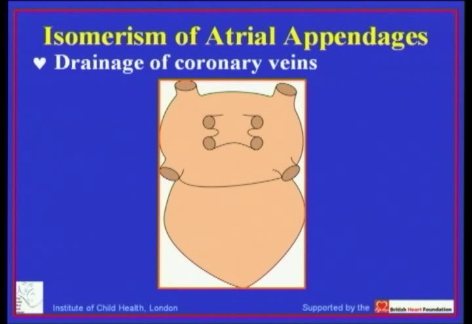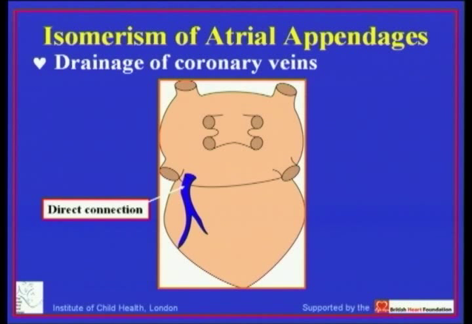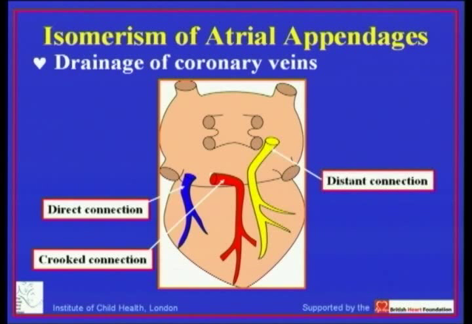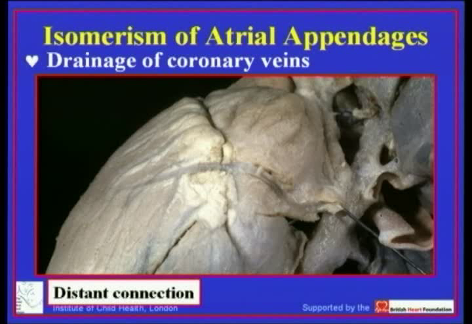So when the coronary sinus is absent, how does the coronary venous blood get back into the heart? Well, obviously, it must drain directly. And this can be done either by a direct channel, through a small crooked connection in the atrioventricular groove, trying to produce a coronary sinus, but in many instances by veins that cross the atrioventricular junction at some distance from the usual site of anticipated drainage.